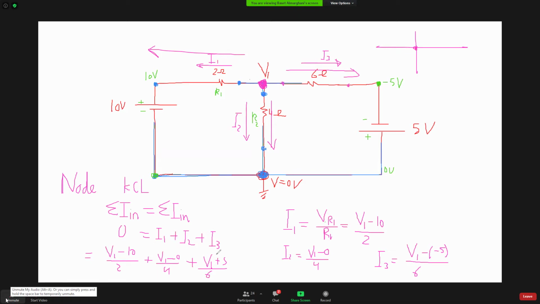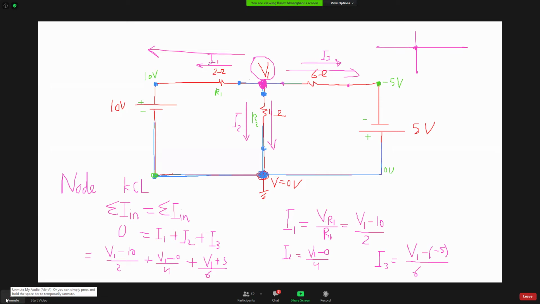Now this is an equation you can solve to find the voltage V1. So this is the nodal analysis. Nodal analysis is finding the voltage at the node. How do we do it? We do it by applying Kirchhoff's current law at the node. Entering currents equal the leaving currents.